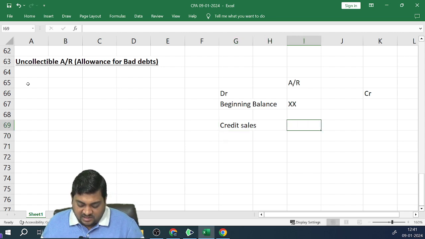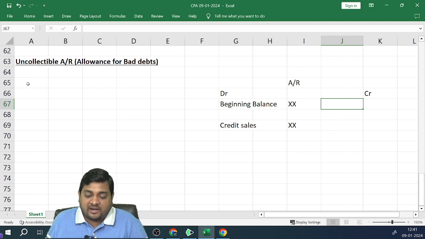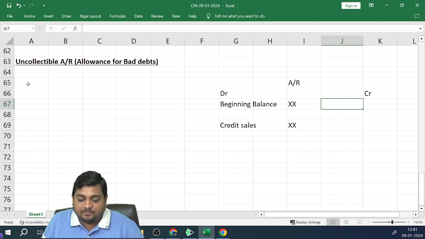We have credit sales, because on account of credit sale accounts receivable is increasing.